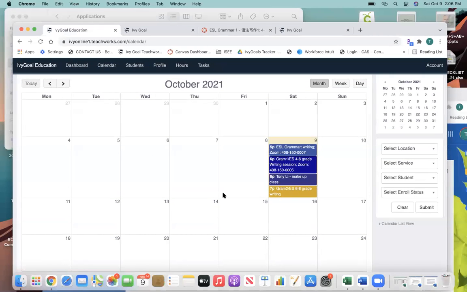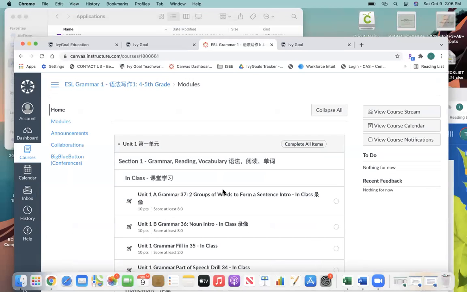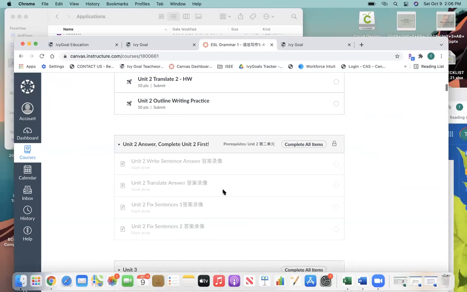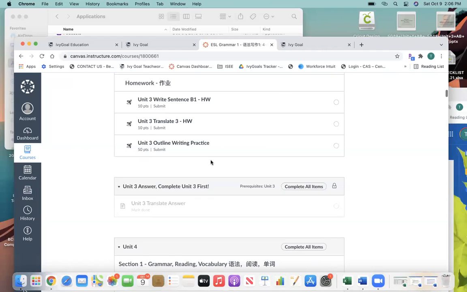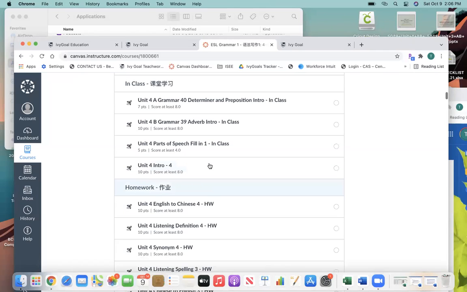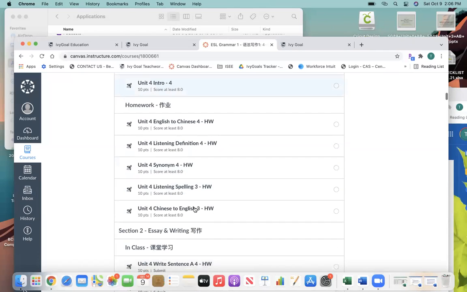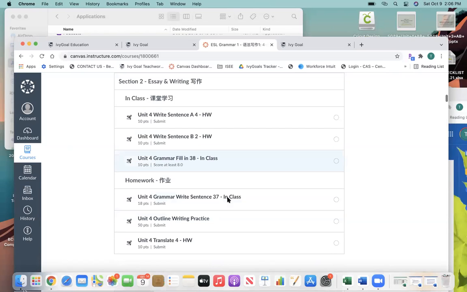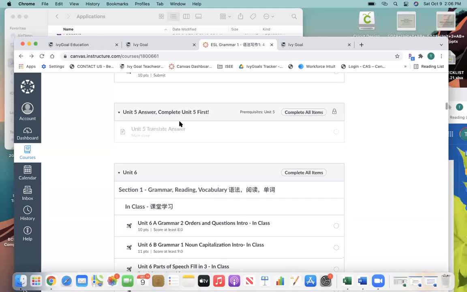Last time you probably did Unit 4 writing sentences. This time you're on Unit 5, so we'll get started with that, okay? Does that sound good? Yeah.